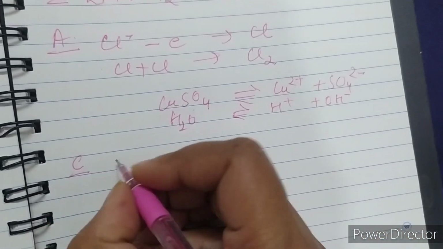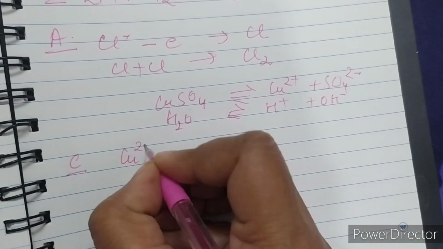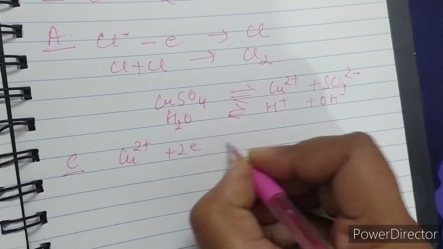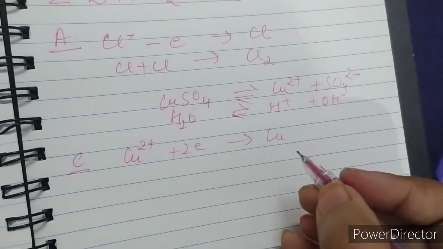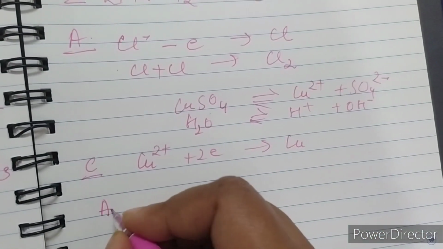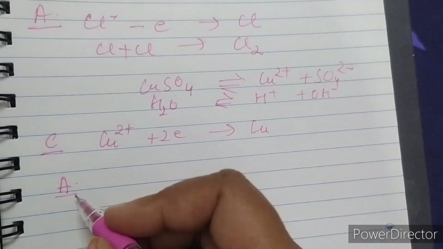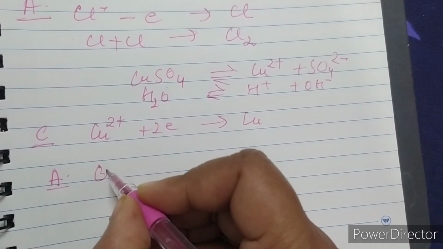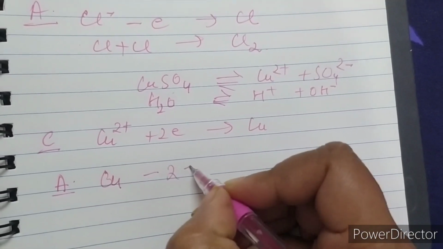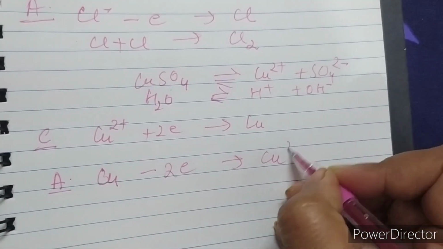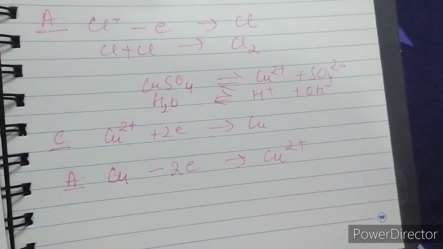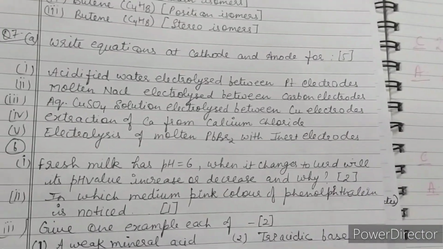At the cathode, you will have copper, because it is lower in the electrochemical series, it will accept 2 electrons and give you copper metal, brownish pink metal at the cathode. And at the anode, because it is an active metal, both these ions will migrate to the anode, but no one will be discharged, and active copper will participate in the reaction and will lose electrons to give you copper ions. So these are the equations for copper electrolysis with copper electrodes.